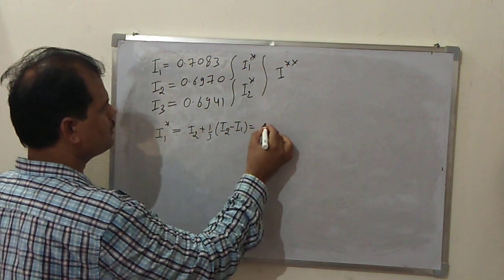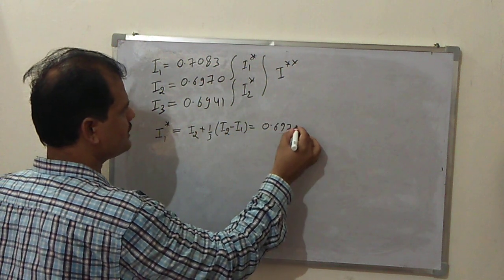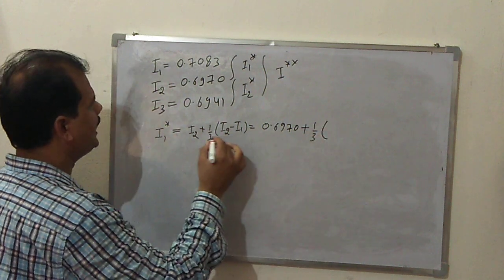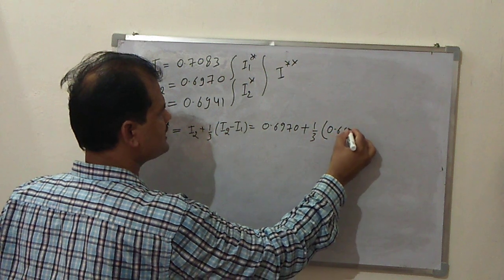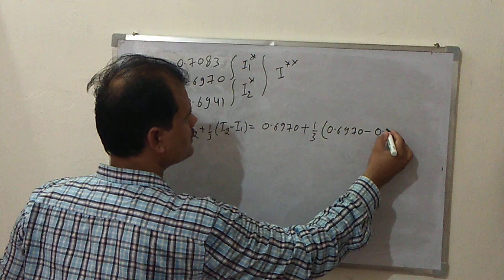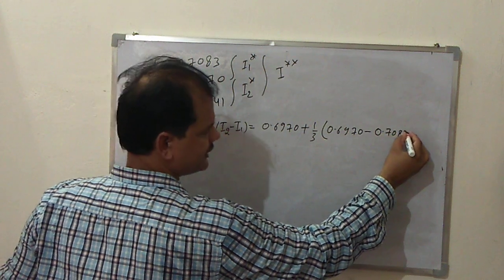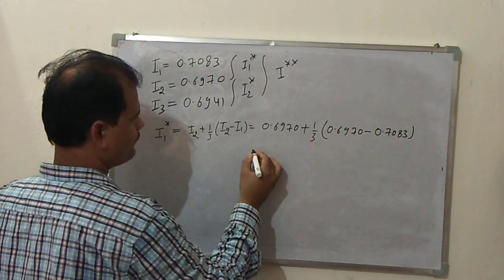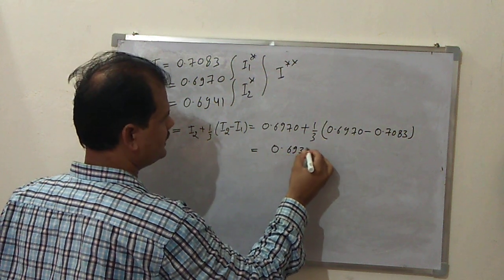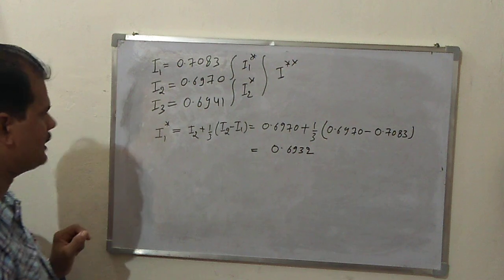So I2 equal to 0.6970 plus 1 by 3 times (0.6970 minus I1, which is 0.7083). If we simplify, we get 0.6932. So this is your I1 star.